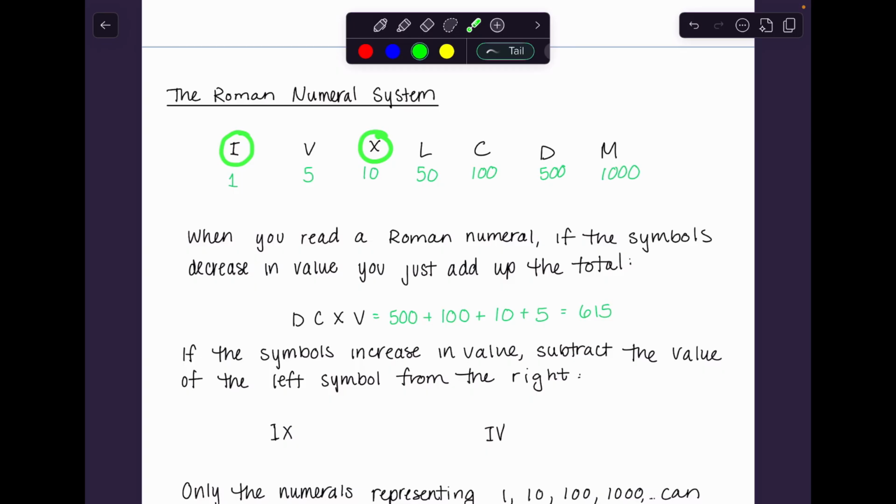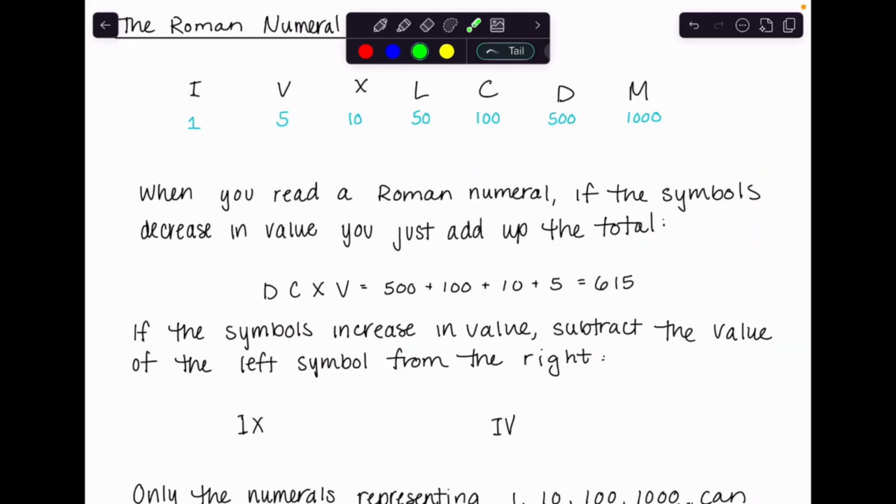Because it would be really tedious to write 9 ones, and not as tedious, but still tedious to write a 5 followed by 4 ones. So they're able to take a lot of symbols and condense it to just 2 instead. So the examples you've probably seen of that are going to be IX and then IV.